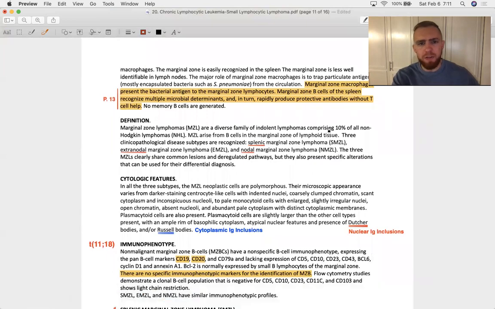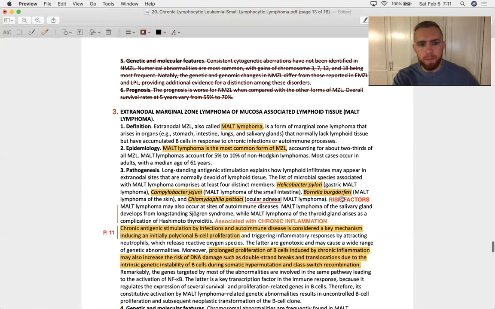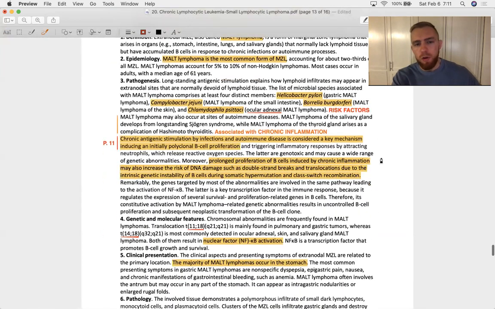So what that means is that if macrophages showing antigen to B cells is kind of what starts this cancer off, then any chronic antigenic stimulation by infections or autoimmune disease is considered a key mechanism in producing a polyclonal B cell proliferation.